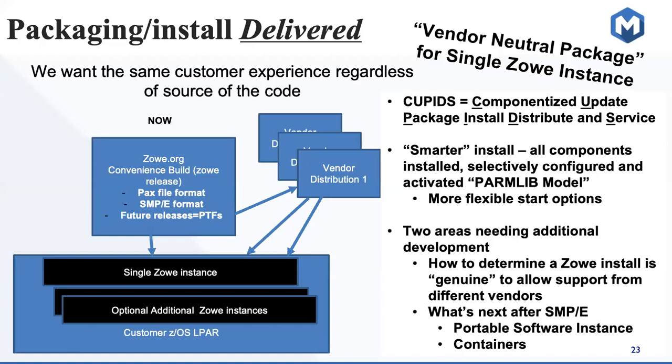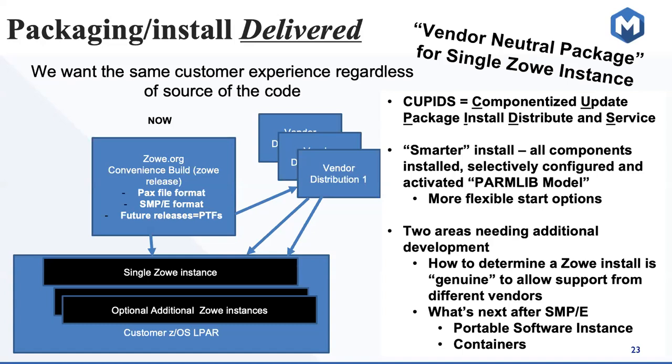However, for those of you that are very familiar with z/OS install and packaging, the de facto standard is what's called SMP/E format. So one key aspect of what we've done as a lead up to declaring a long-term support release is we did support this de facto standard for packaging in an SMP/E format.